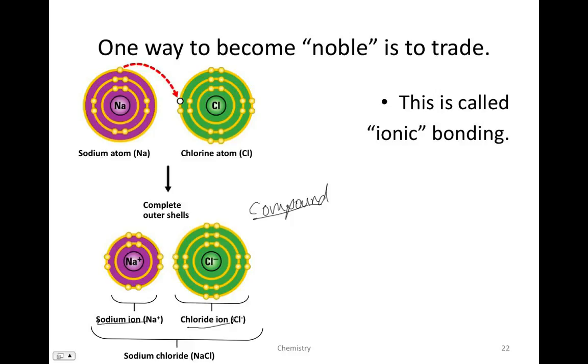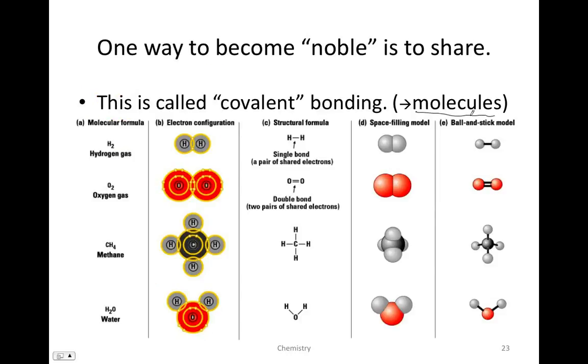Sodium and chloride together make NaCl. The Na is positively charged, the chloride is negatively charged, and that is salt. That's a compound. Salt is held together by ionic bonds. Molecules are held together by covalent bonds, like in water and methane and these other molecules that you can see here.